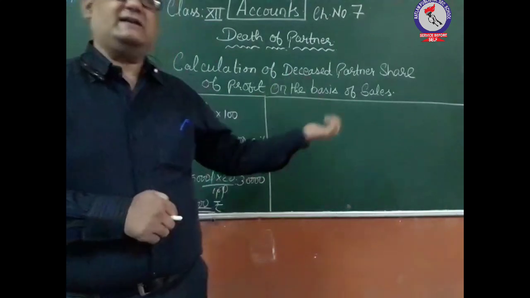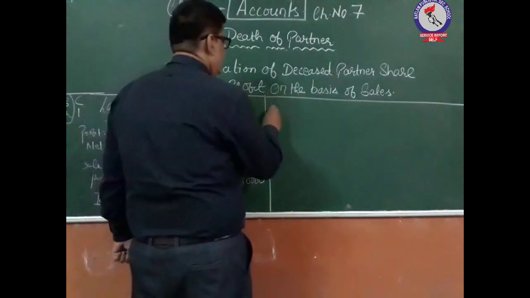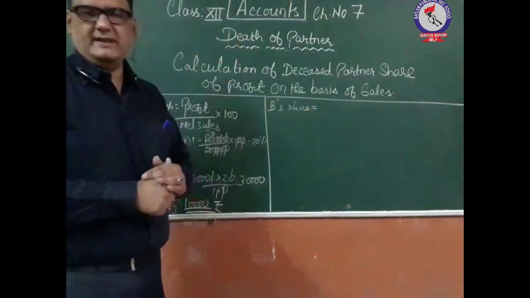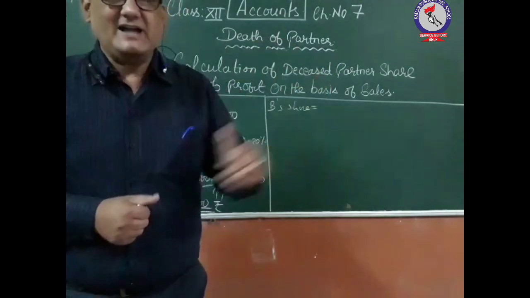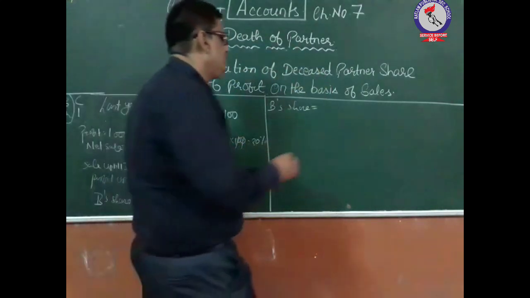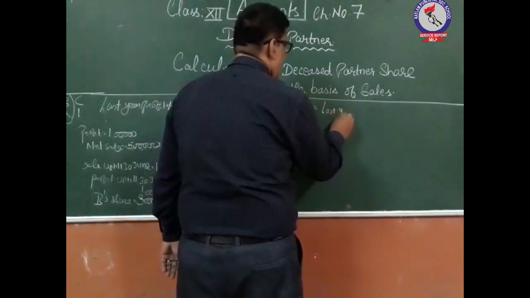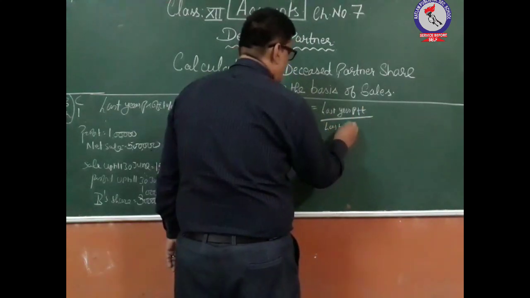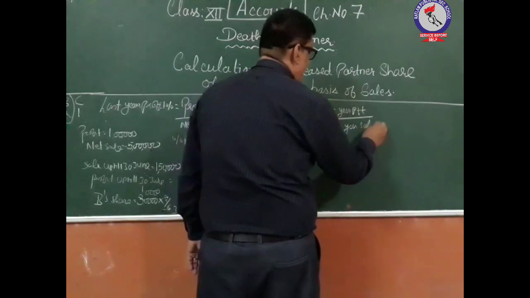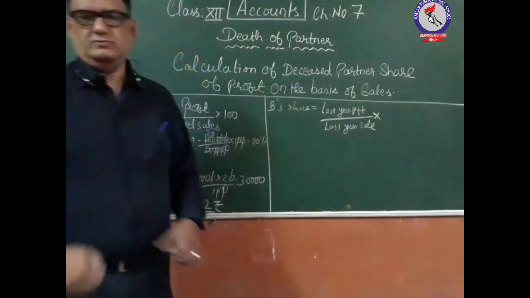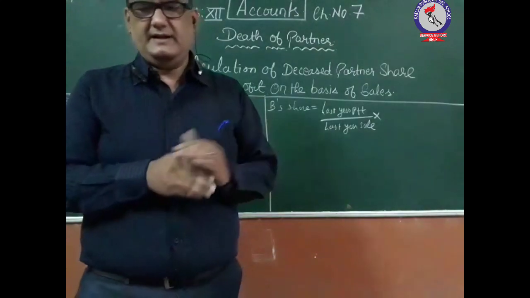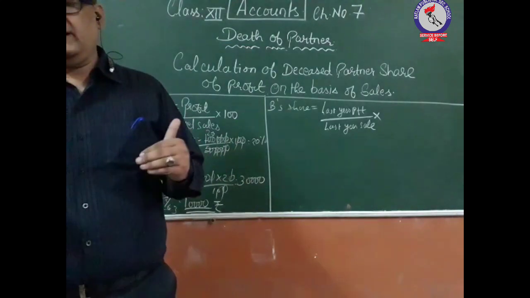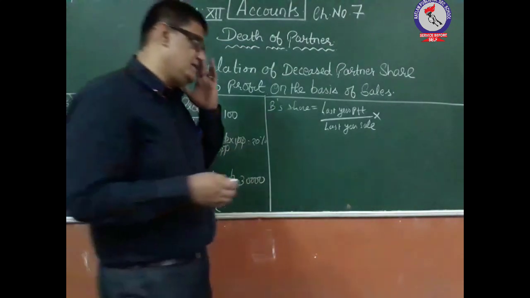Now the second one is the formula. The formula we can directly find out the share of profit. B share of profit we can directly find out by making the use of this formula, that is last year's profit upon last year sale, into sale up till the date of death, and the profit sharing ratio of the outgoing partner or deceased partner.